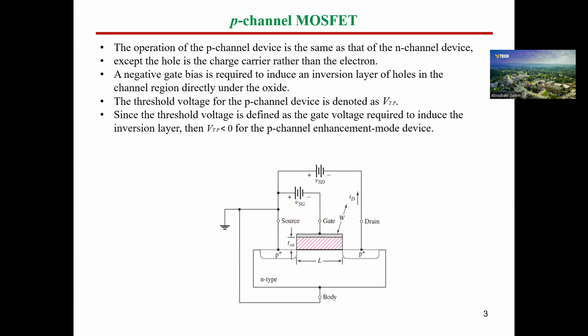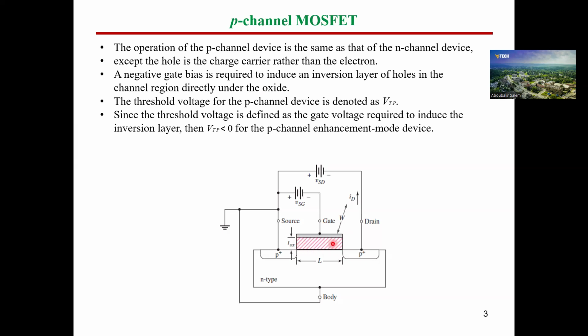Let's start firstly with the P-channel MOSFET. In this figure here, guys, we can compare between the N-channel and P-channel. As you can see here, we have the gates. In the N-channel also we have gate. Then we have the oxide material. In the N-channel as well, we have oxide material.